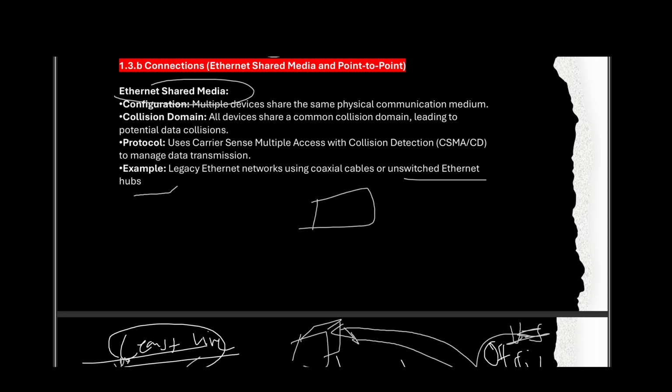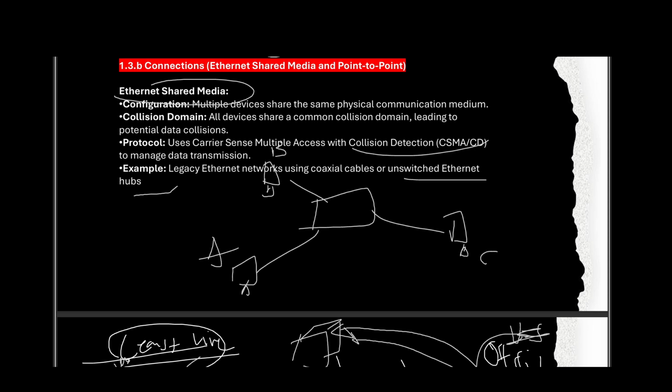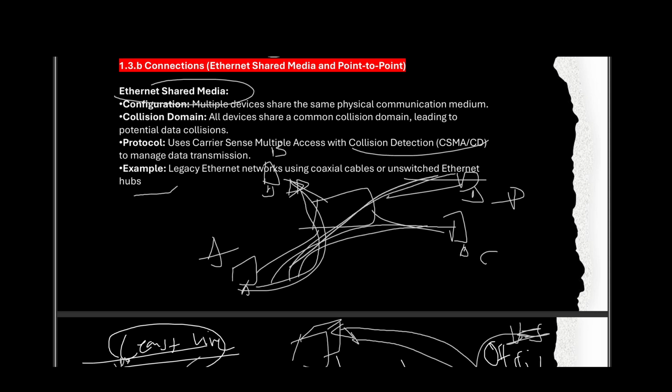If you have computer A, computer B, and computer C here, the collision domain means that if you send data from A to B in a shared collision domain, it will also possibly be received by C. And if you have computer D here, even though the packet is only designated to B, it will throw that packet to whatever devices or networks are connected.